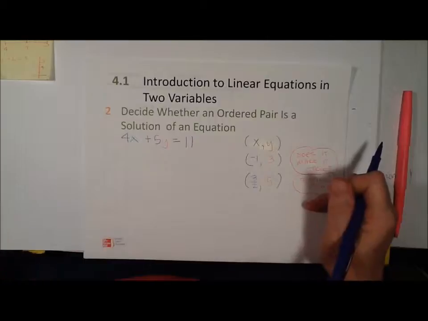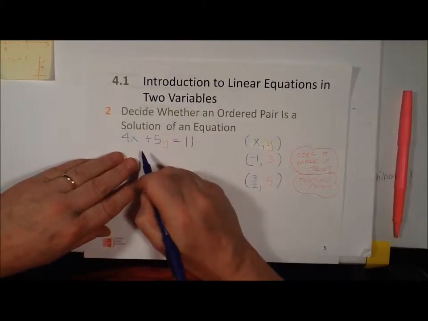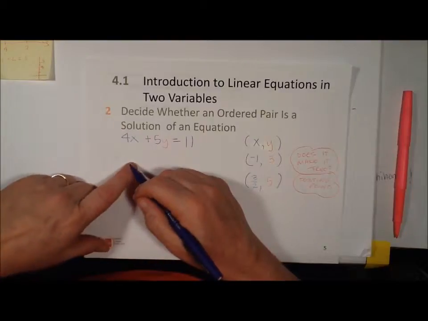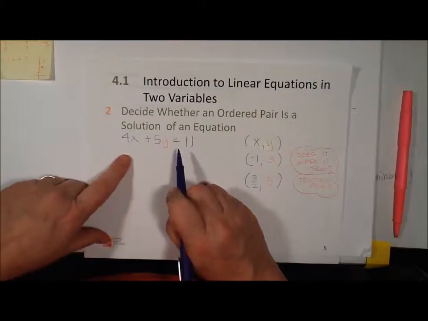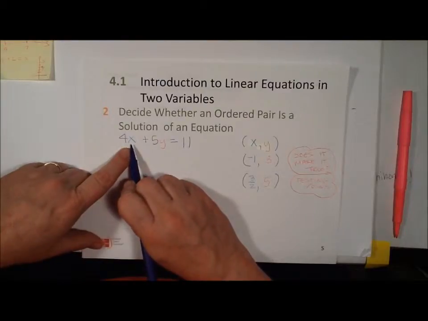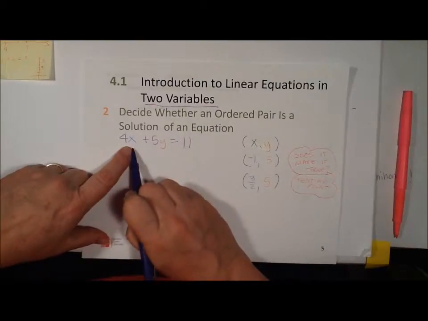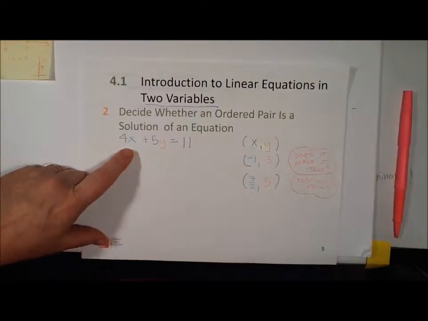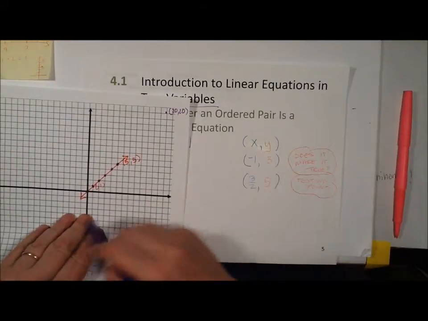So when we first start out with this, what I want you to have the idea of, just like with the inequalities, we talked about checking for whether or not the information was valid. Does this input that I use make my equation true? So here we're going to ask ourselves with this equation, and notice this equation is a little more involved than ones we've seen before. It has two variables. It has an x and a y. So what we're going to test right now is to decide whether these points would be on the line we're talking about.